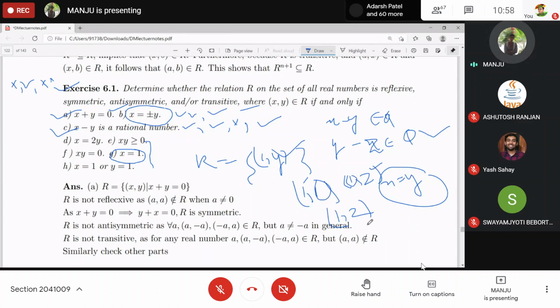So what you got? 1 comma 2, that is A comma C, present in the relation. Yes, ma'am. So this is antisymmetric. This one is transitive. Actually, transitive.